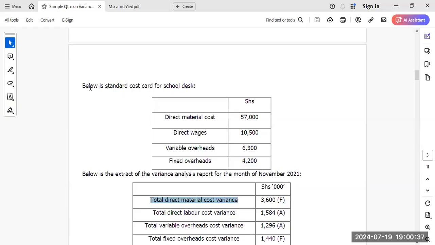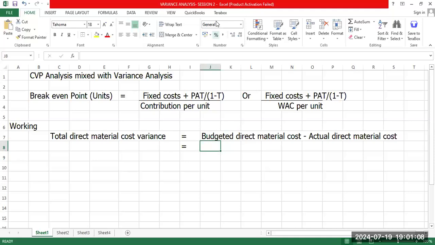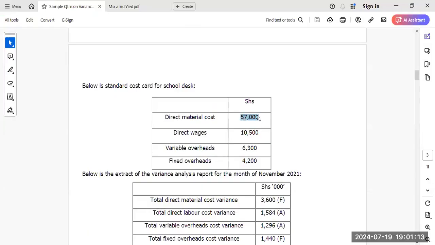Because they told us that below is the standard cost card for a school desk. This is the standard cost, which shows the budgeted information. You can observe the direct material cost you're planning to incur on every school desk. So I can get my budgeted direct material cost by getting this 57,000.